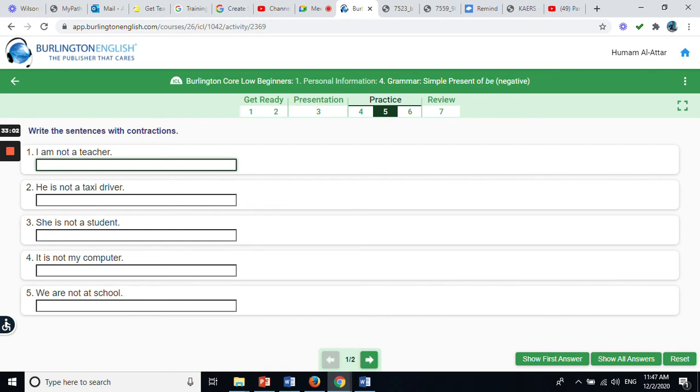Now, in these sentences, we need to write them in contractions. Again, I'm going to do number 1, and you will do the rest. Contractions. I'm not a teacher.